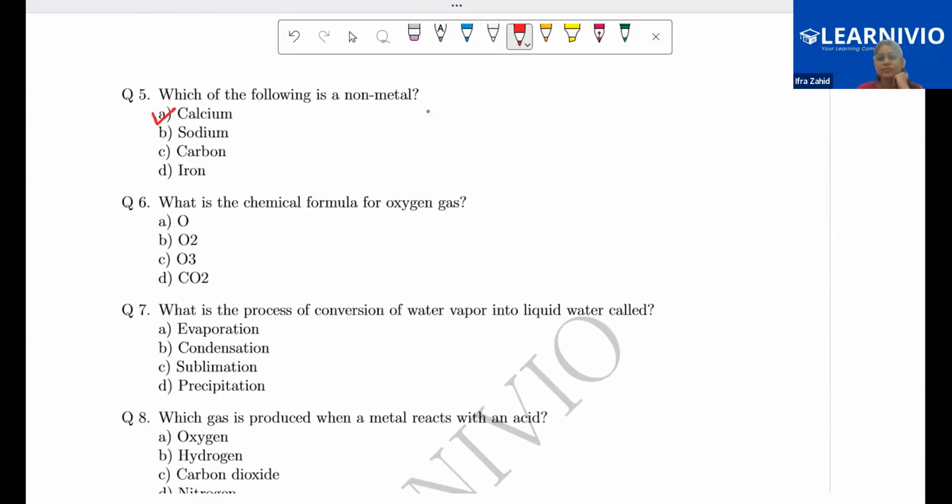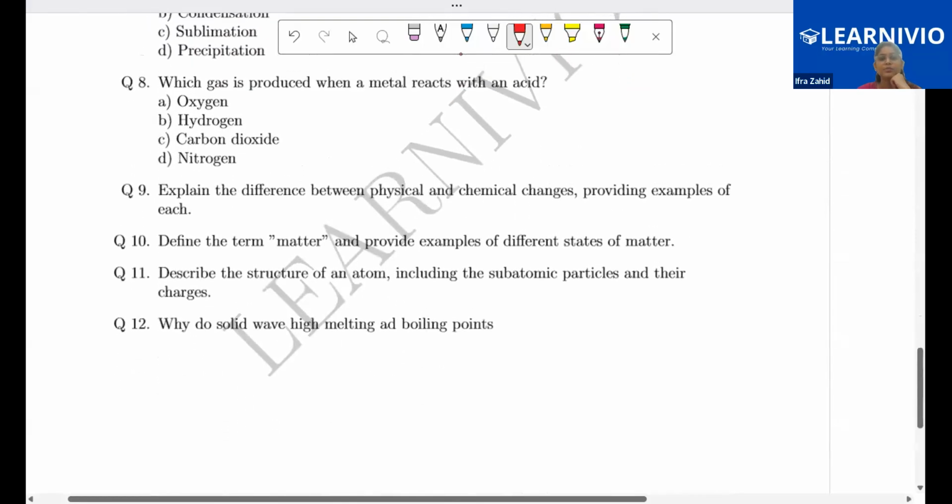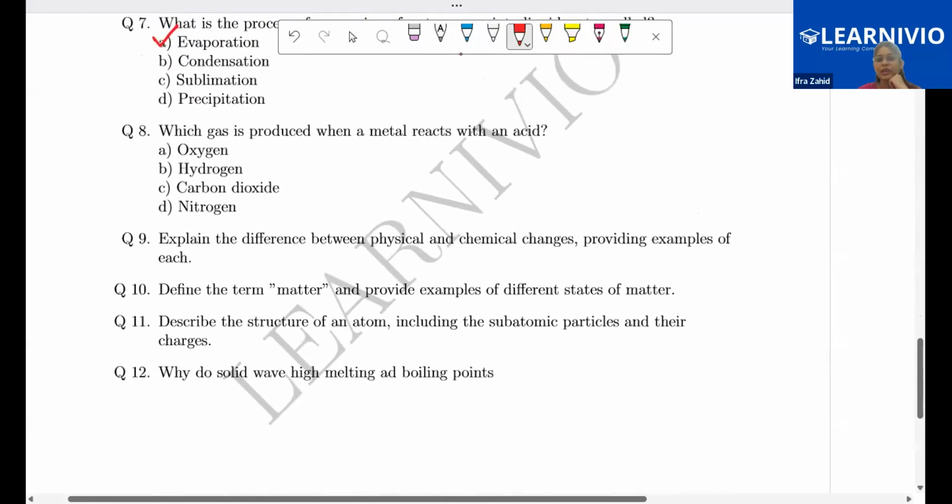It is O2. Okay. What is the process of conversion of water vapor into liquid water called? It is evaporation. Option A. Okay. Next, which gas is produced when a metal reacts with an acid? Carbon dioxide.